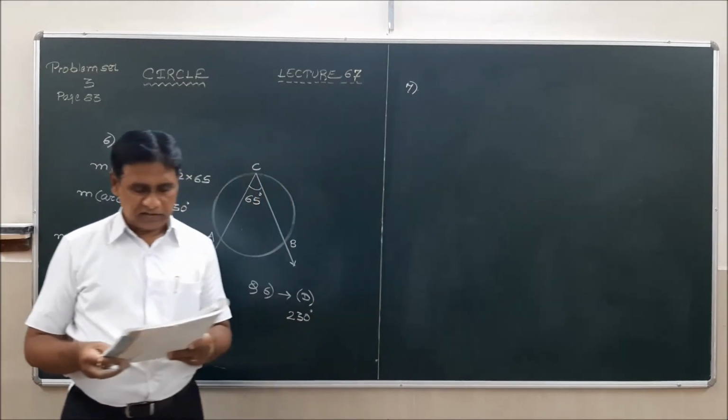Seventh one. Chords AB and CD of a circle intersect in the interior.